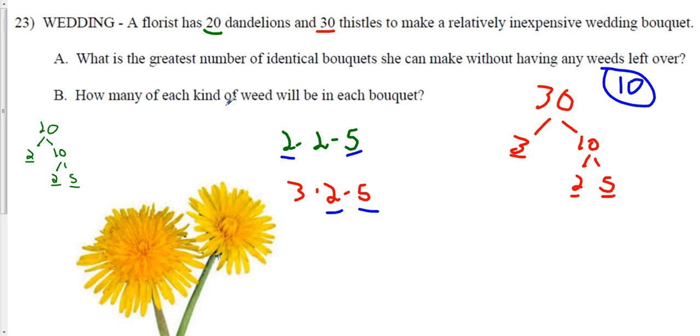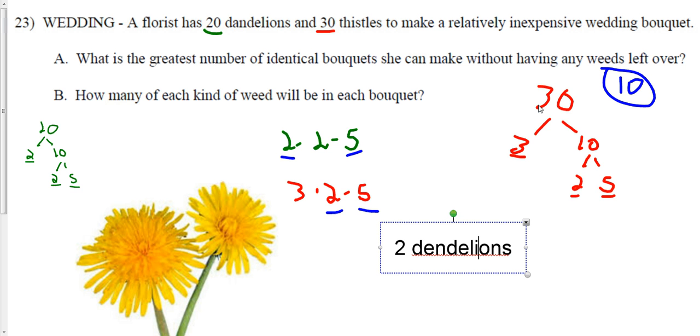How many of each kind of weed will be in each bouquet? Well, if we made 10 bouquets out of 20 dandelions, there would be 2 dandelions. You know what, I'm just going to use the text box. 2 dandelions.